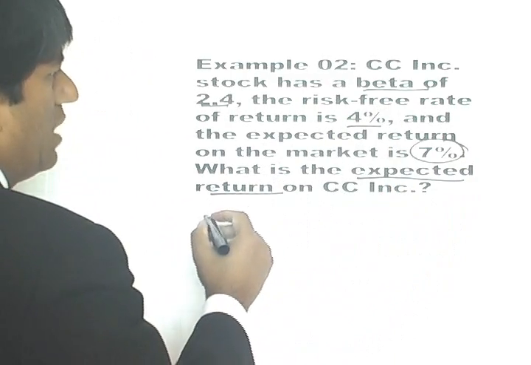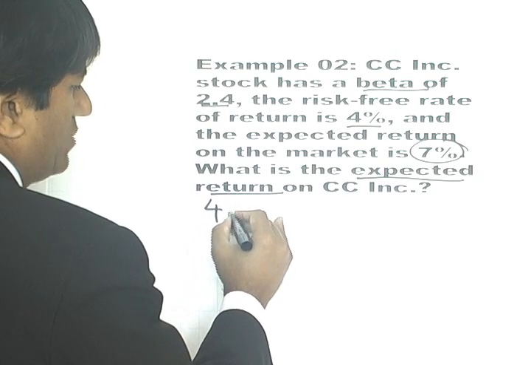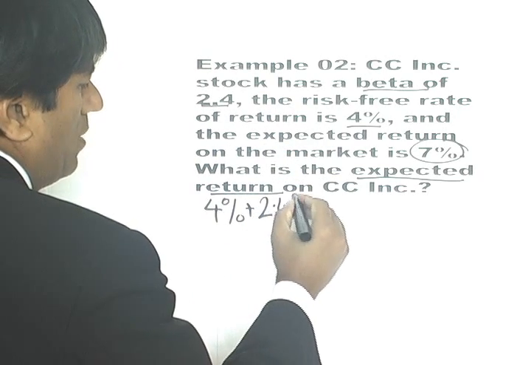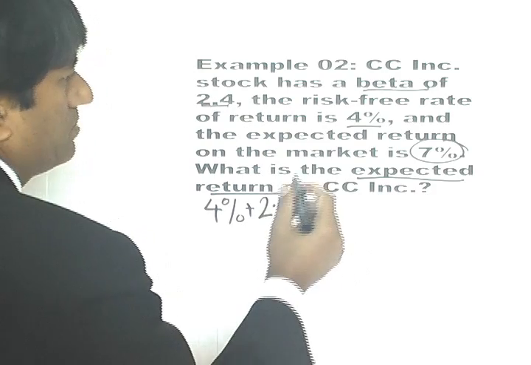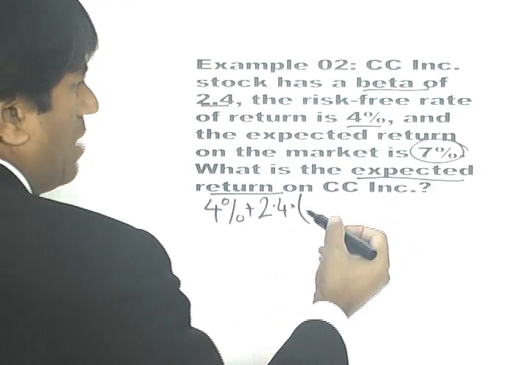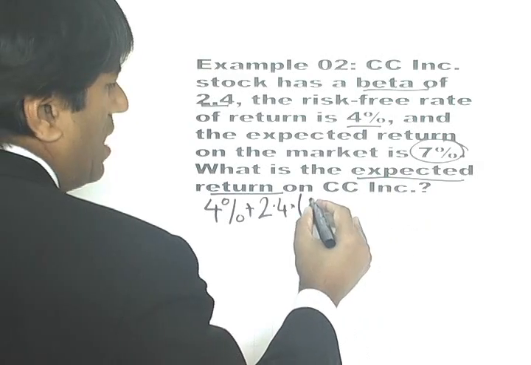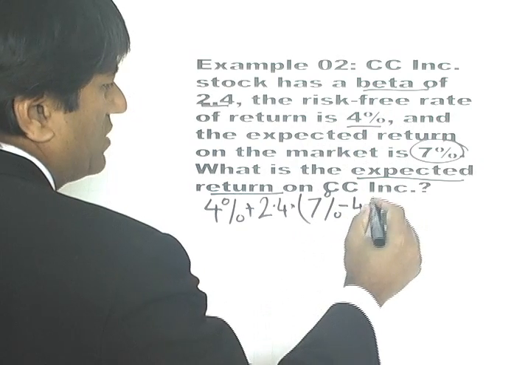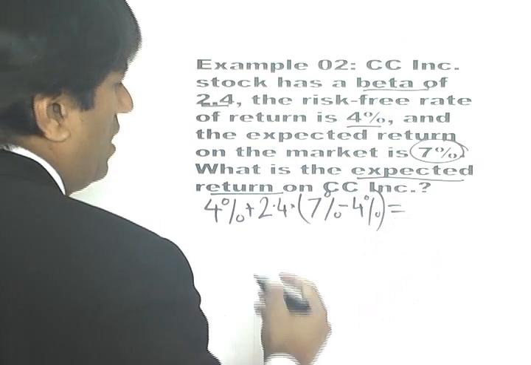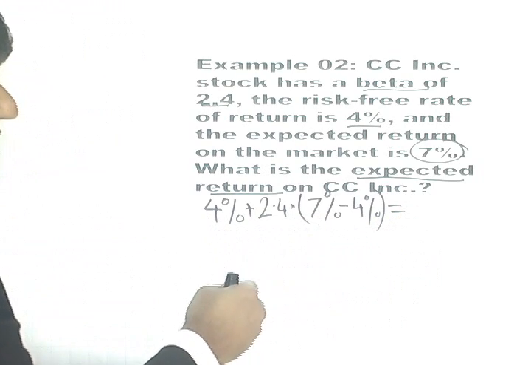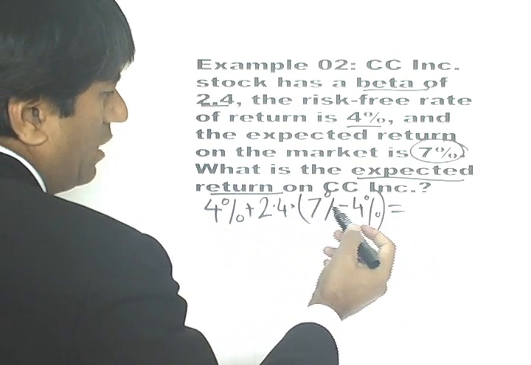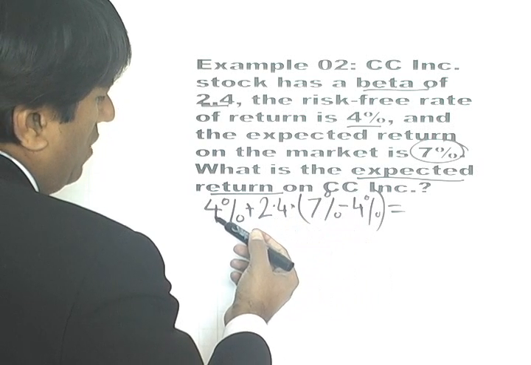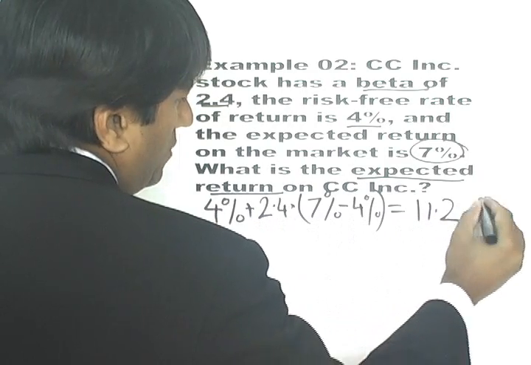Well, it's going to be the risk-free rate, so that's going to be 4%, plus beta, which is 2.4, multiplied by the risk premium, and the risk premium is the expected return on the market, 7%, minus the risk-free rate, 4%. So this is the expected return according to CAPM, and if you solve this, it'll be 3 into 2.4 is 7.2%, and 4 should be 11.2%.